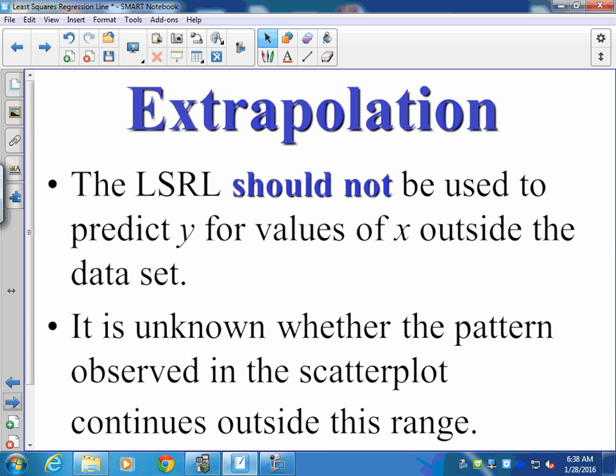Now, a couple things to consider as we wrap up. Extrapolation is a very important piece. We should not use our least squares regression line for predicting values outside of the domain of x. If our x values fall in a specific range, we should not use that to make a prediction outside.